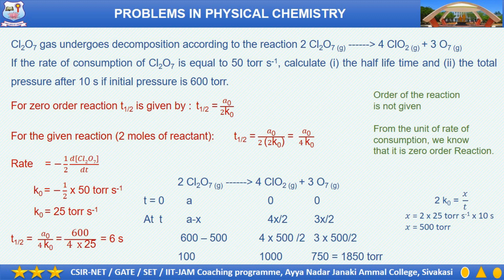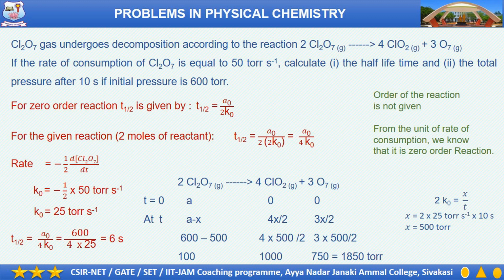Cl2O7 gas undergoes decomposition according to the reaction: 2Cl2O7 gas giving 4ClO2 gas plus 3O2 gas.